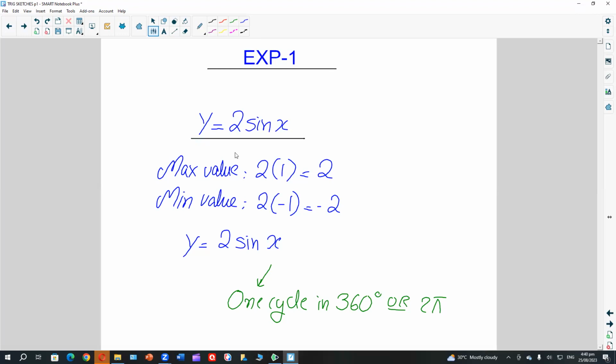So in place of sine x, you will put 1. That will be the maximum value. Then for the minimum value, you have to put -1. So you will get -2. So you have to replace sine x with 1 and -1 in these sketches to find the maximum and minimum value. Every sketch in trigonometry, sine and cos, has a maximum value and a minimum value. You have to copy this screen.